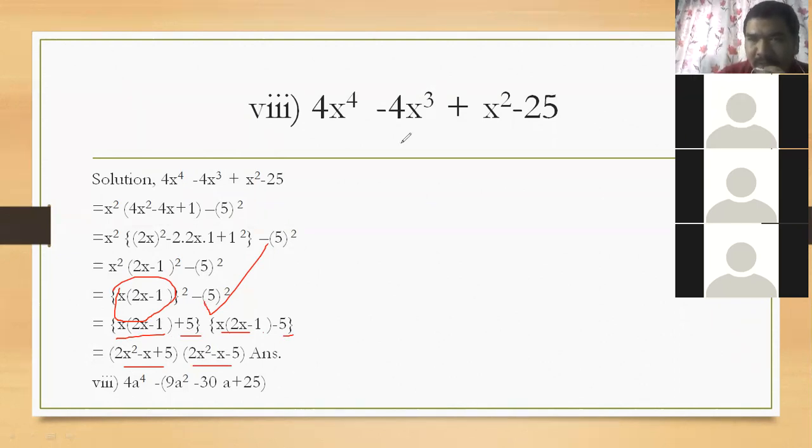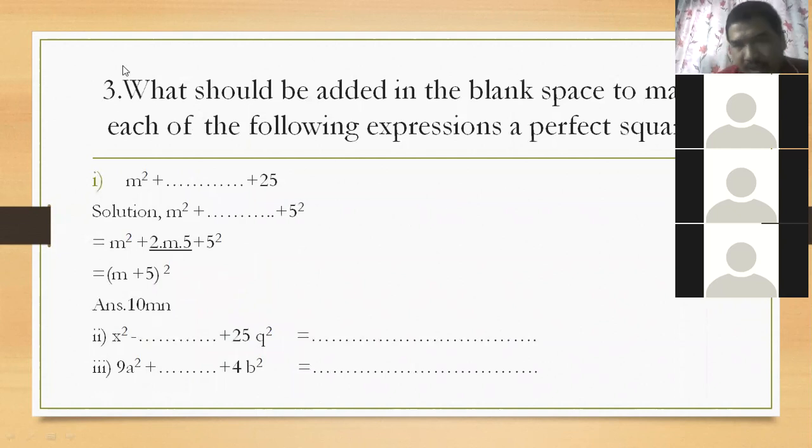Okay, now look, now we are going to finish. Okay, children? Here, look here. This question number 3, fill in the blanks. What is a square here?